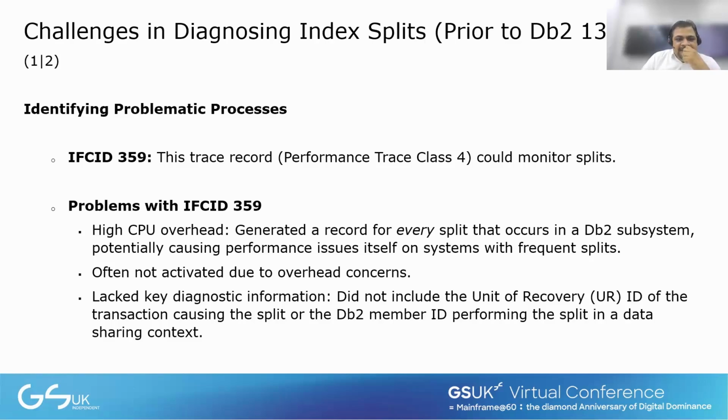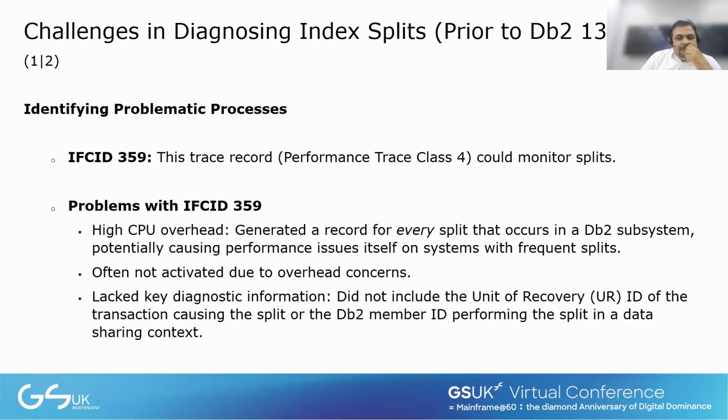The problem with IFCID 359 was that it had pretty high CPU overhead. It generates a record for every split happening in the whole DB2 subsystem, which causes a performance issue itself on a system with frequent splits.